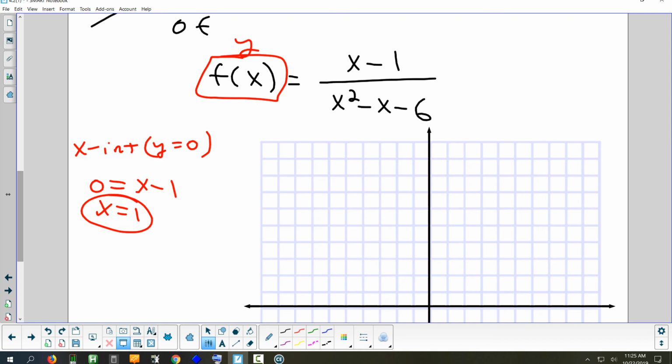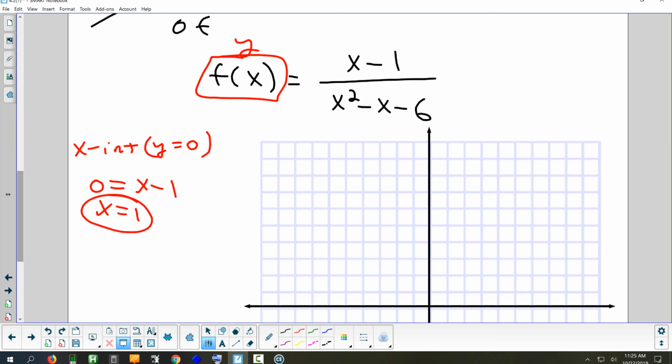Only thing I want to check is, does plugging 1 in for x cause me to divide by 0? No. 1 squared minus 1 minus 6 is not 0. If it was, like if you plug in 2, what's that going to be? 4 minus 2 is, no, it still wouldn't work. I'd have to figure it out, but actually 3, right? 3 squared is 9. 9 minus 3 is 6. 6 minus 6 is 0.